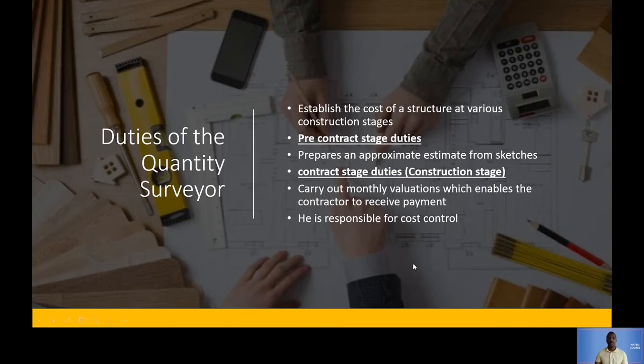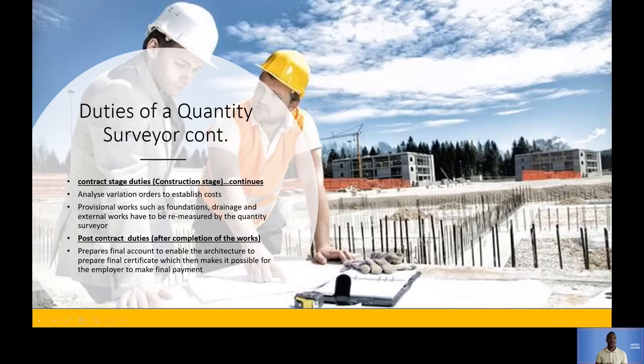Okay, so quantity surveyor does that. He analyzes variation orders. We spoke about variation orders even last week. If initially, pre-contract, the quantity surveyor would have said, okay, based on the drawing, I'm estimating 1,000 bricks will be needed to build this wall. But it so happens that during construction, it's discovered that actually we need 1,200 bricks.